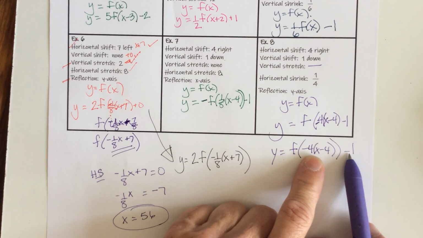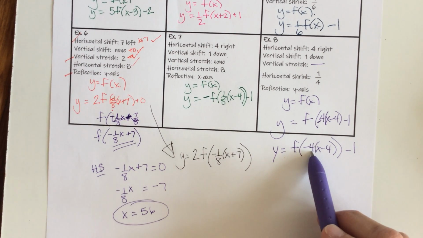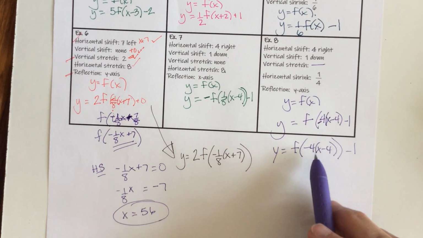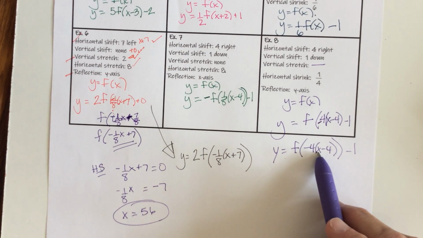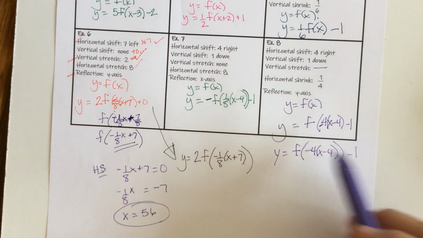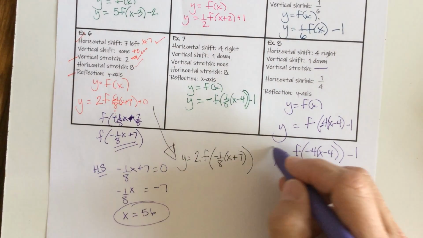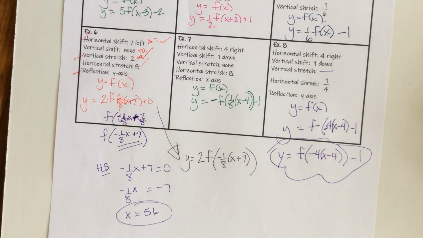I have a vertical shift of 1 down. I have a horizontal shrink of 1/4, which means I have to multiply the x by 4. And for there to be a reflection about the y-axis, I have to have the coefficient of x to be negative. And so there you have it.